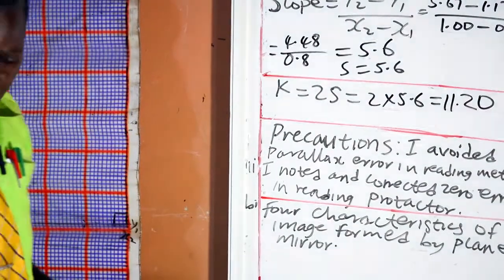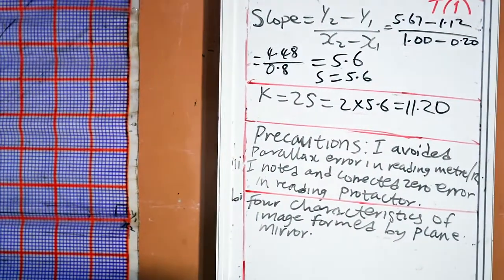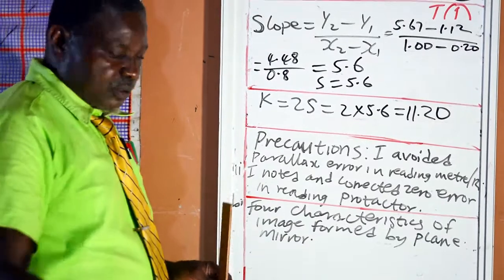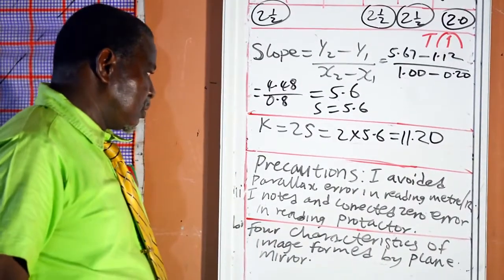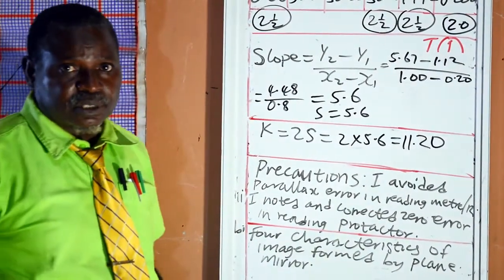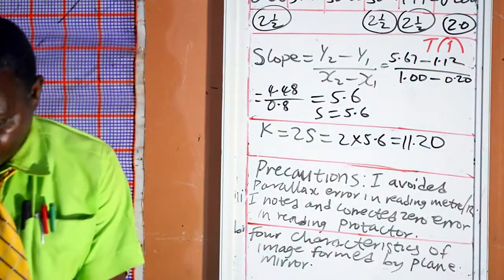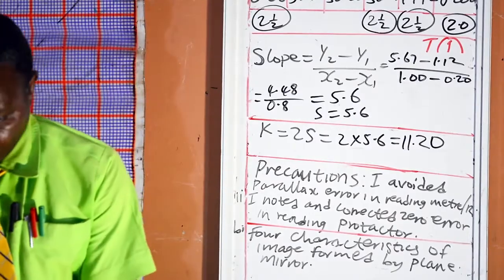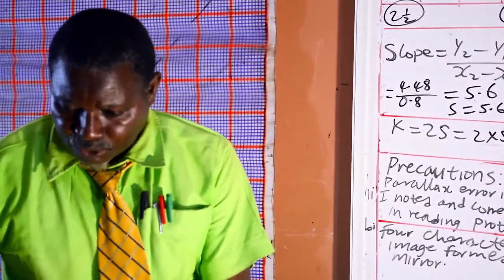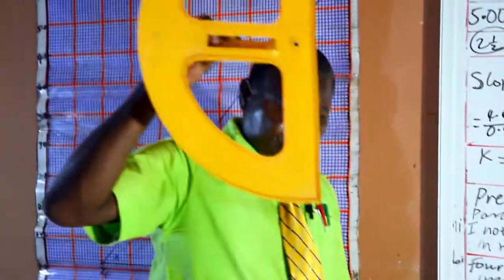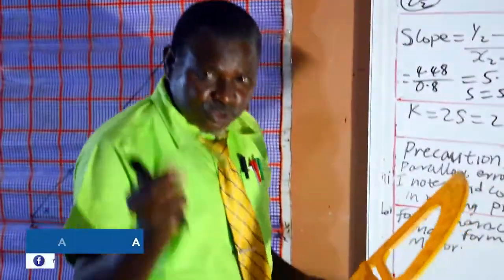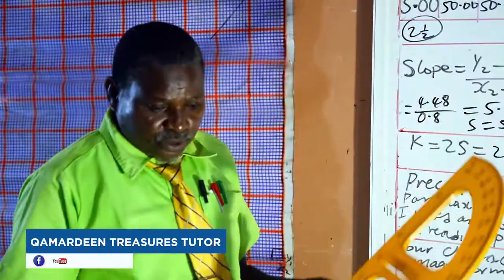We make use of the meter rule in the experiment. Then the second one, a protector with corrected zero reading. We make use of a protector.